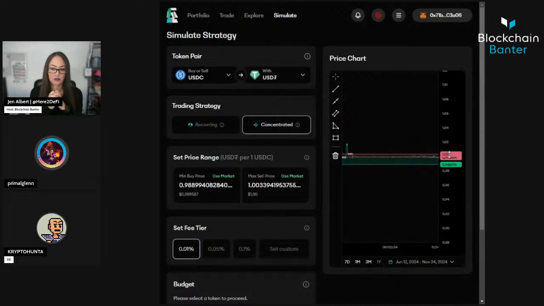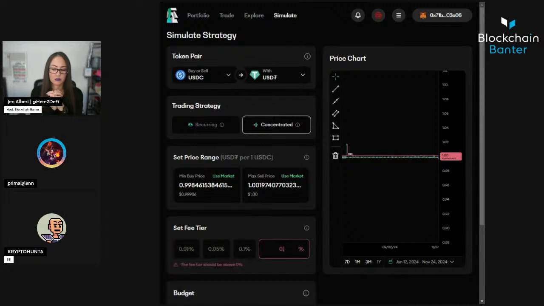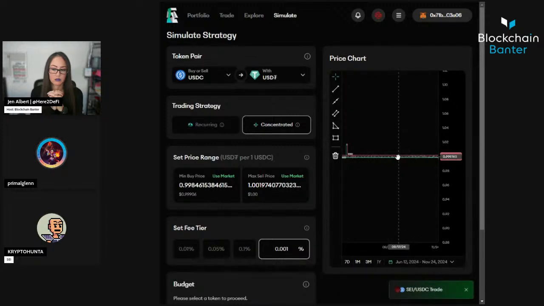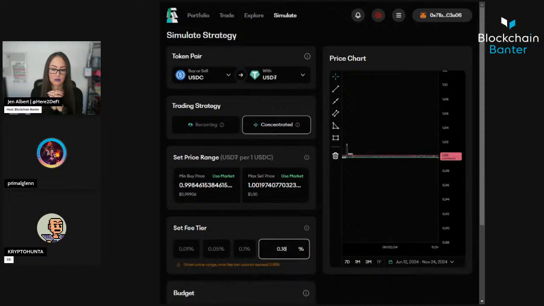You might want to go to something very, very tight, like one basis point, or even 0.1 of a basis point. Look at it, there's no volatility here. This thing just trades 1-to-1. So having a high spread here makes no sense. We don't even let you go above like 0.18 with this range, just because it doesn't make sense.